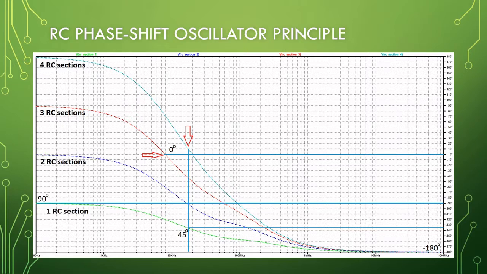With 2 sections we have 180 degrees phase shift, and with 3 sections 270. And if we look here in the middle, where we have a 0 to 180 shift, that's about 60 degrees that every section is adding. So the oscillation frequency for 3 sections will be in this area right here.